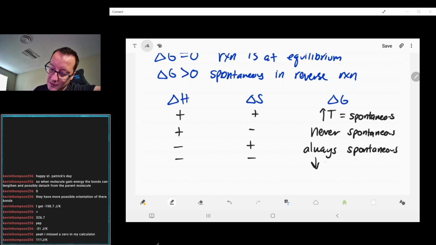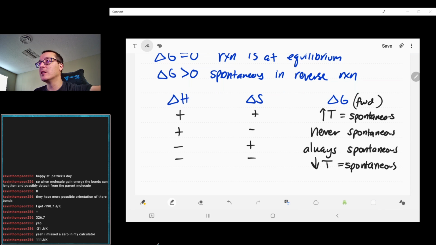And for the last one, we're going to see that the other one will be spontaneous at low temperature. And these will all be the opposite for the reverse reaction, right? So this is delta G for the forward reaction. So these are going to be kind of the guidelines, as it were, for what we're going to do with this sort of thing.